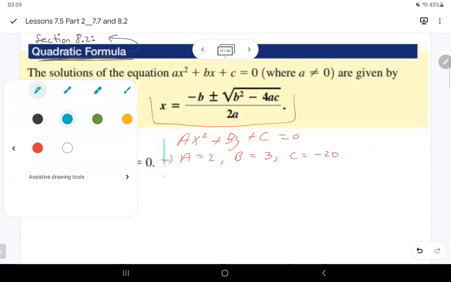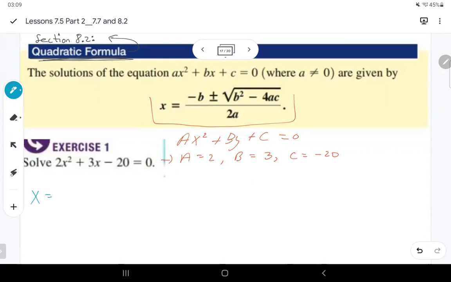So we're going to plug this into our quadratic formula, and we will get -3 plus or minus, so see the b is opposite sign, square root of b squared, which is 3 squared, minus 4 times a times c all over 2a. So then we just go through and clean stuff up and then go from there.